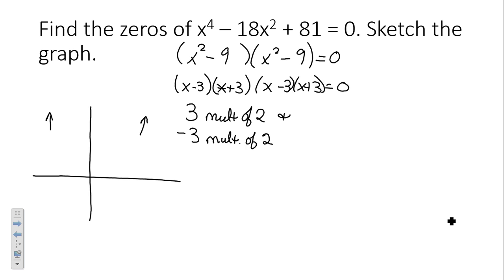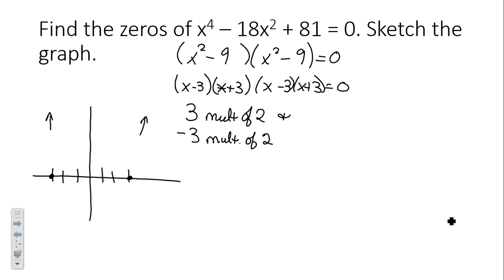And where are our zeros? Three and negative three. Gonna go do something here. And guess what? We have one more intercept that we haven't talked about. If x is 0, what's y going to be? 81.